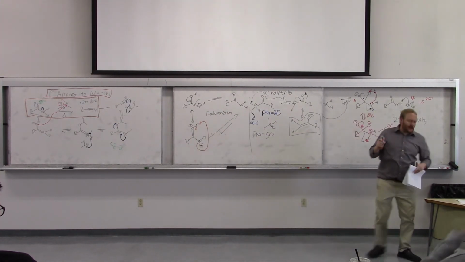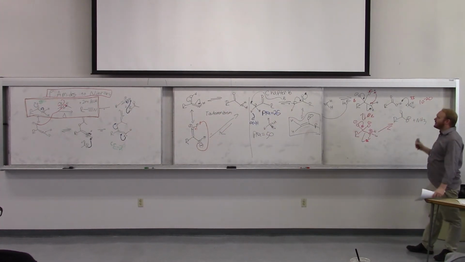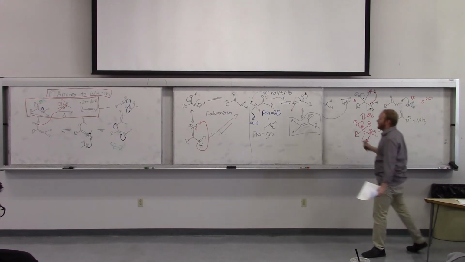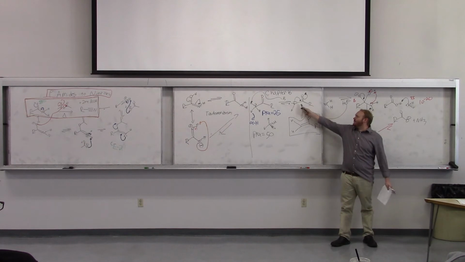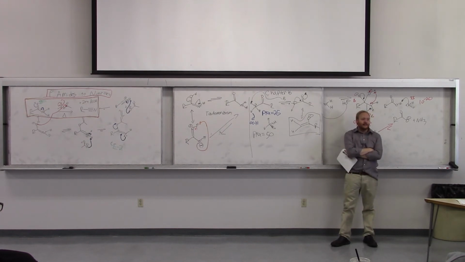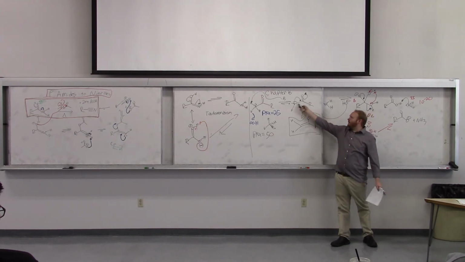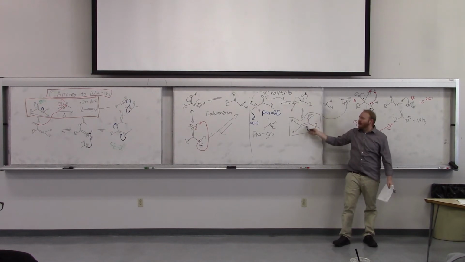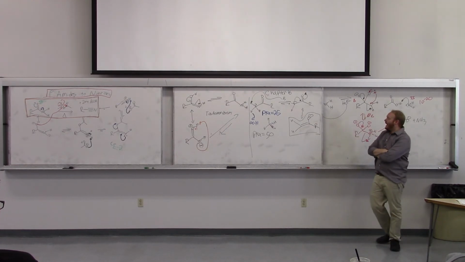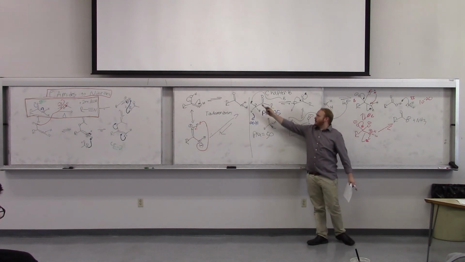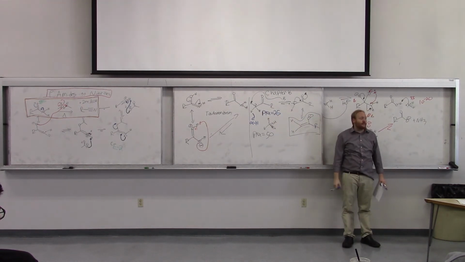So hydrogens adjacent to carbonyls are quite acidic. What do you think the reactivity of a molecule like this will be? With a pKa of 25, would a molecule like this be a nucleophile or an electrophile? It's a nucleophile. When you deprotonate an alpha hydrogen from a carbonyl, you form a nucleophilic species.